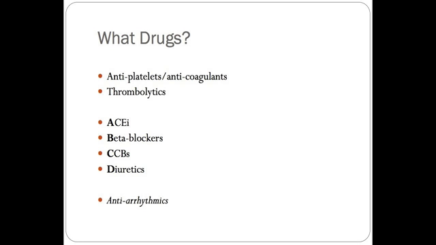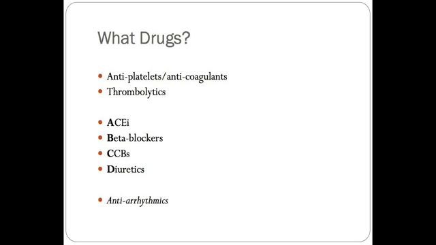Okay. Now, talking a bit more about the drugs which you can use to treat cardiological problems. Well, these can be broken down into different classes of drugs. The first set, antiplatelets, anticoagulants, and thrombolytics, are really looking at the constituents of the blood itself in order to reduce further risk of thrombus formation in patients who have ischemic heart disease.